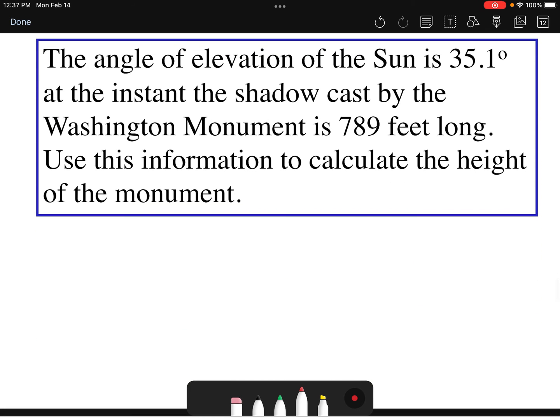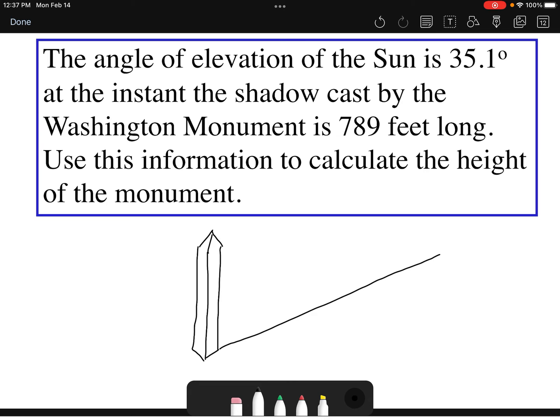So if I'm going too fast, just stop it and go over it, okay? The angle of elevation of the sun is 35.1 degrees at the instant the shadow cast by the Washington Monument is 789 feet long. What's the height of the monument? Okay, we know it's an obelisk, okay? So it looks something like this. And we got this big long shadow here. And then we have the sun's rays coming into it. We'll use this, right?